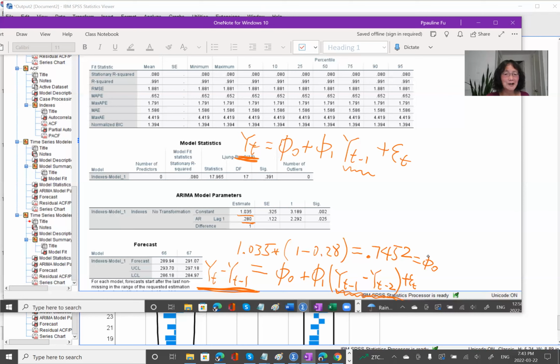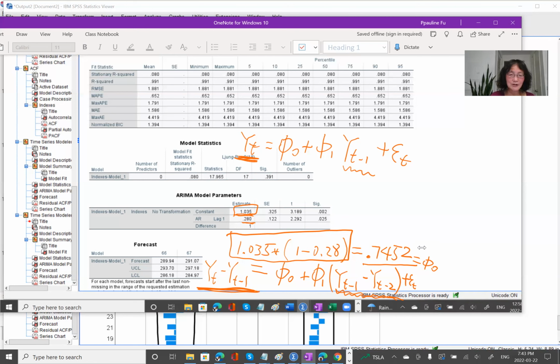In the final exam, I will give you this output from SPSS and ask you to write down the equation. If you directly use 1.035, you are wrong. You have to do the calculation: 1.035 times 1 minus the one time lag for AR. The result is 0.7452. This is your phi 0. This is the way SPSS deals with the constant.